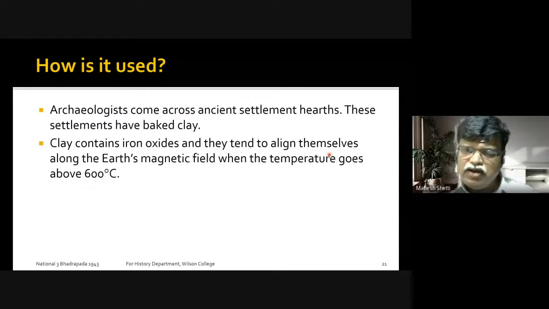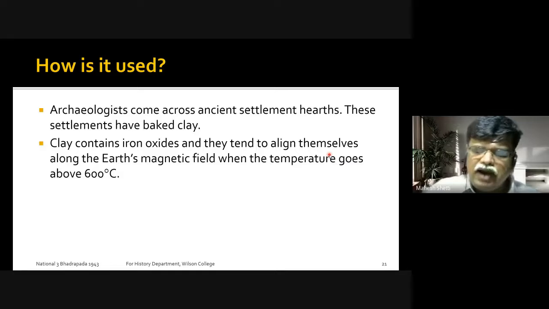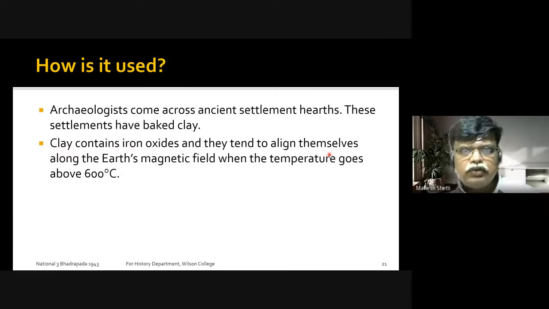This hearth will be extinguished, the temperature will come down, and now it is locked. All those iron oxide molecules, iron atoms, have aligned themselves with the Earth's magnetic field. Another 1,000 years later, the Earth's magnetic field may change its direction slightly, but these iron atoms are not going to change their direction. They are fixed.